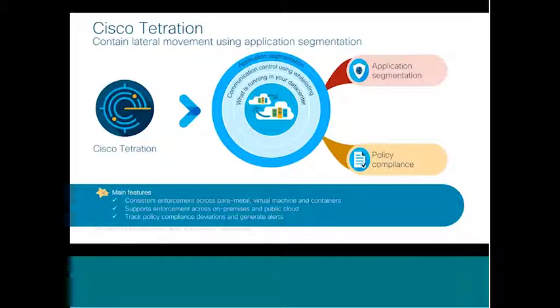Basically, the policy is pushed to the server's operating system, and we use operating system constructs like IP tables in the case of Linux and Windows Advanced Firewall in the case of Windows servers to enforce the policy, so that the policy is enforced right on the workload, close to the application.